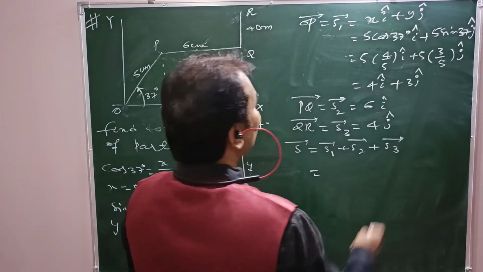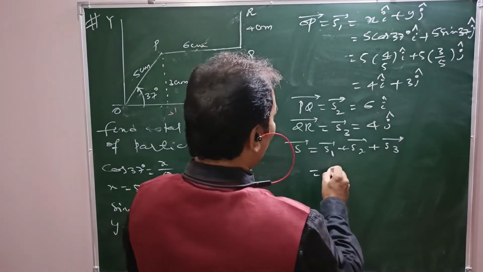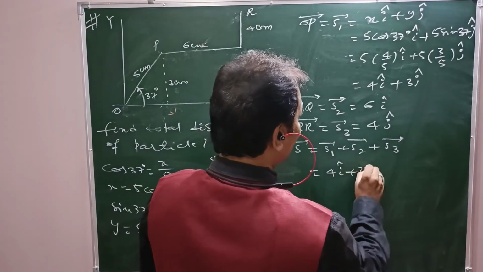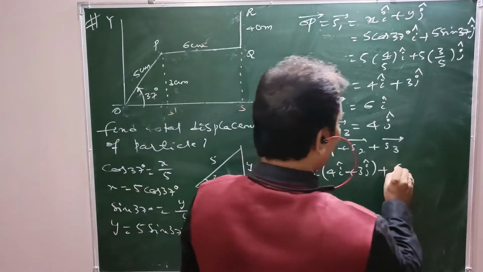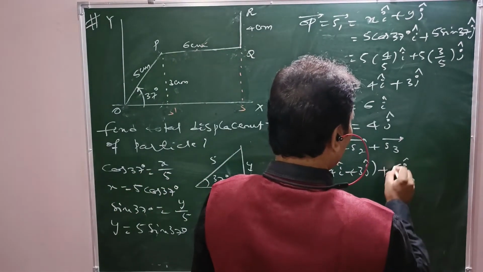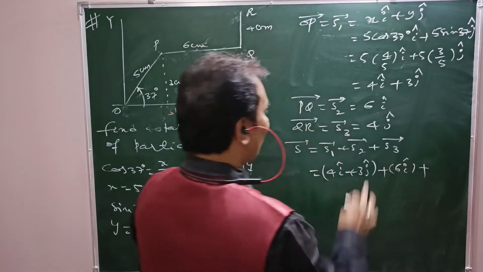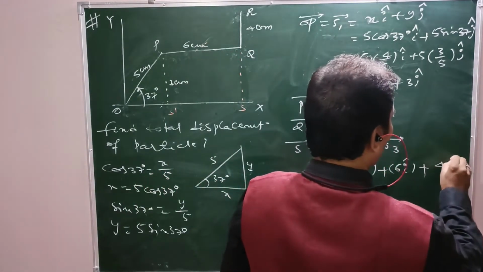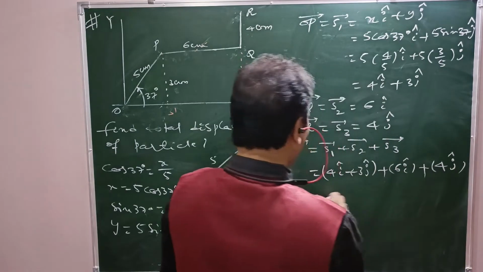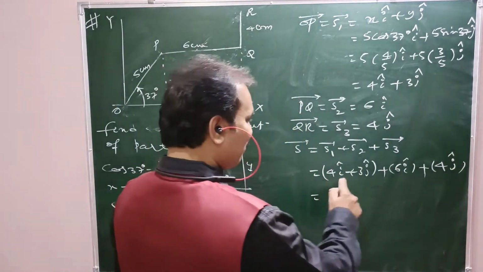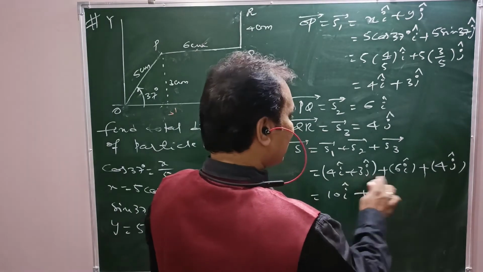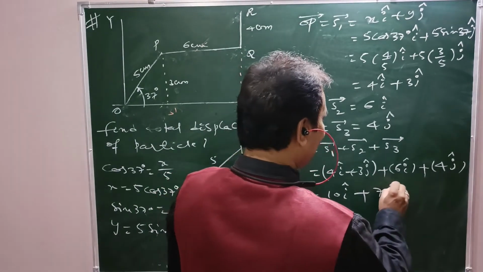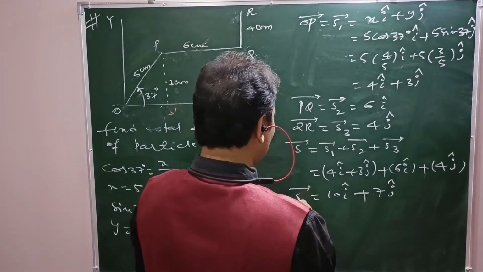That is S1 bar 4i plus 3j, plus S2 bar means 6i, plus S3 bar 4j cap. Now add similar components, that is 4i plus 6i, 10i cap, plus 3j plus 4j, that is 7j cap. This is total displacement.